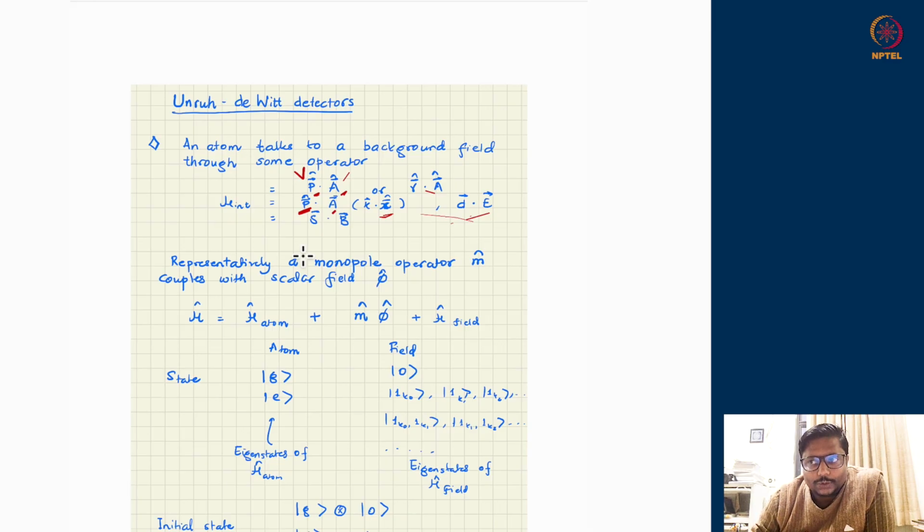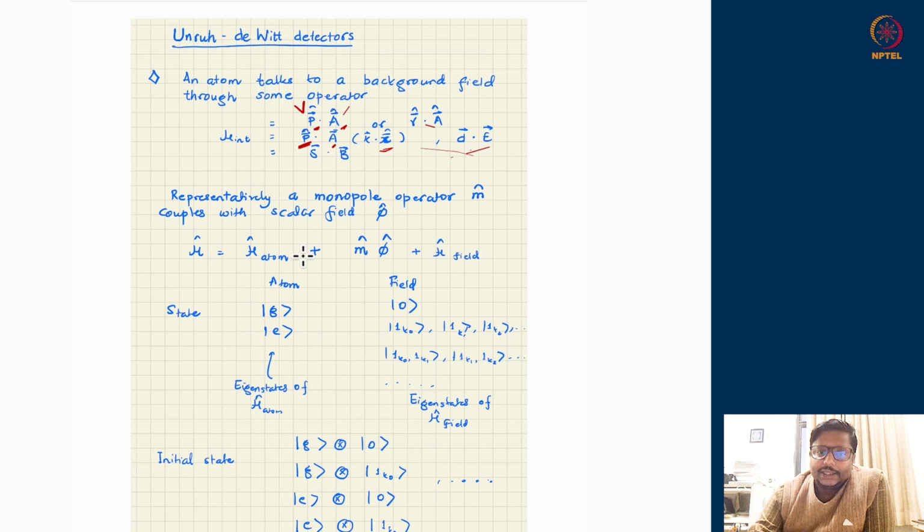We want to test the quantum properties of fields along with the matter, and those quantum properties are typically too feeble to be witnessed directly. So we want to use the properties of an atomic system to unravel them.